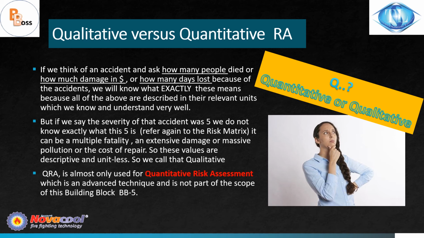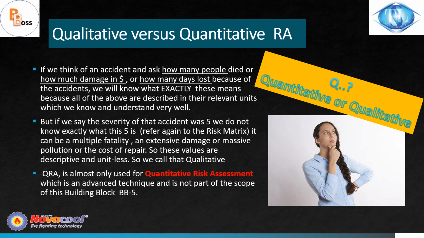But when I say severity is 5, okay, we describe it as catastrophic, but is that 5? It can be 20 people, it can be 100 people. It is a multiple fatality. So you can see now that qualitative is not that accurate, but it serves the purpose it's made for. It can give us a quick and practical tool for assessing the risk.